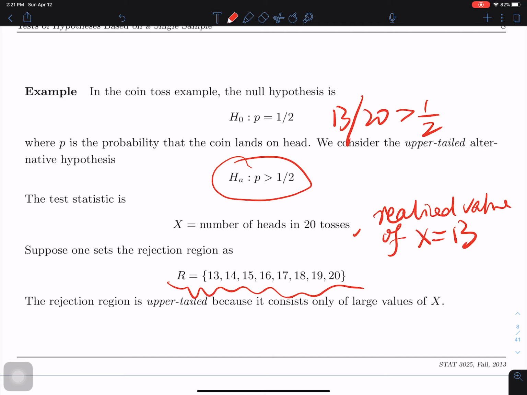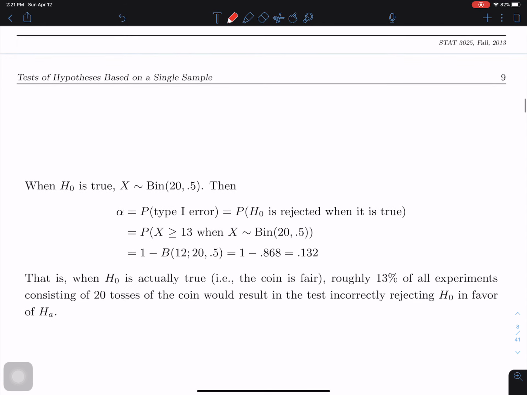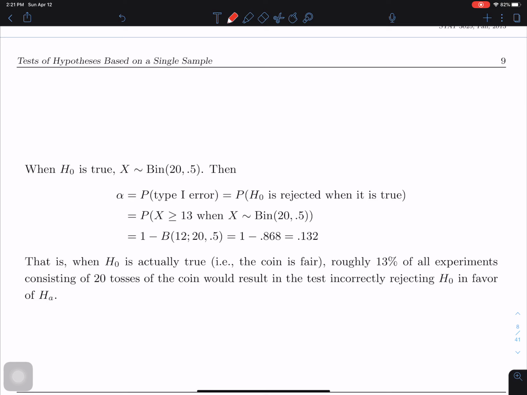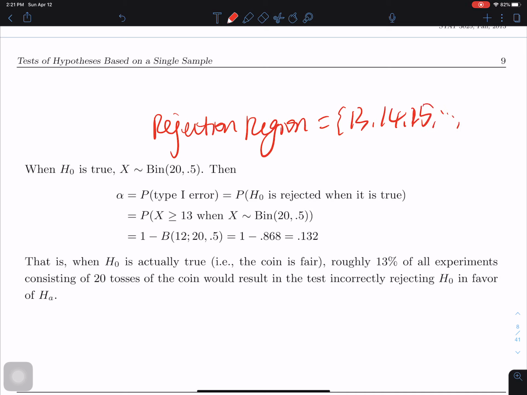So this is one possible rejection region: 13, 14, 15, all the way to 20. Suppose this is my rejection region, then how powerful will my test be, and how much mistake will my result carry?